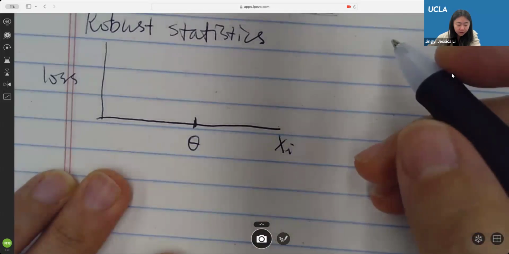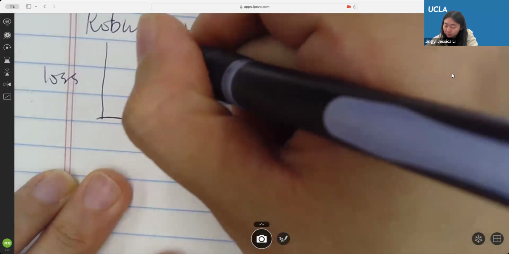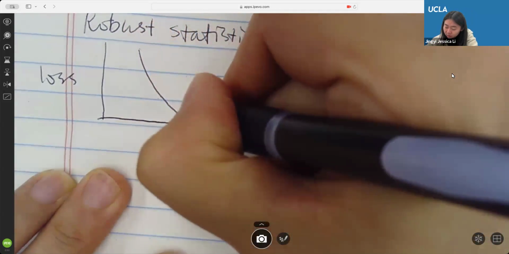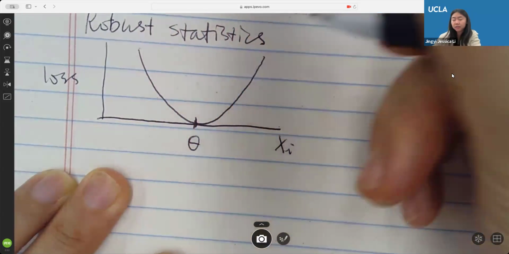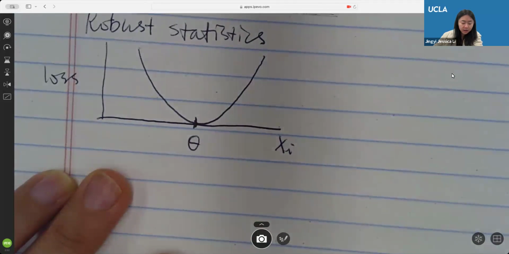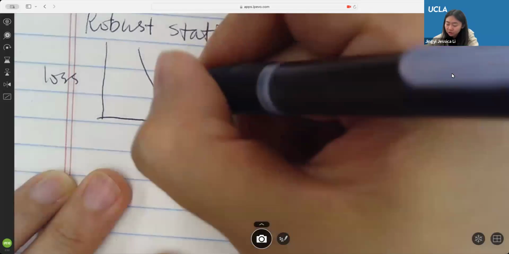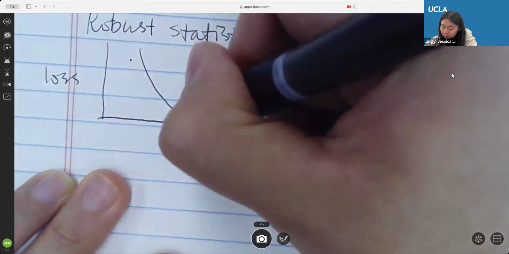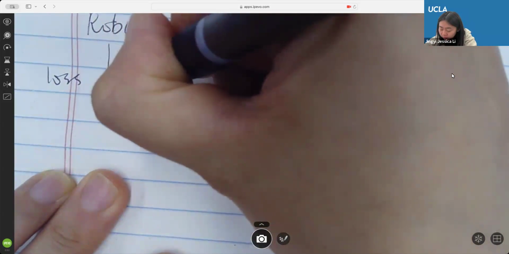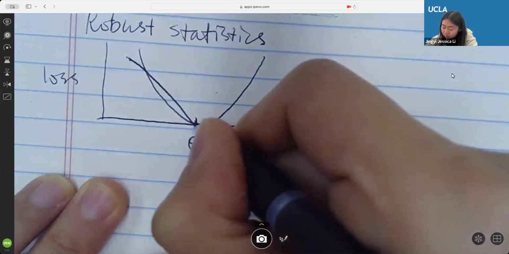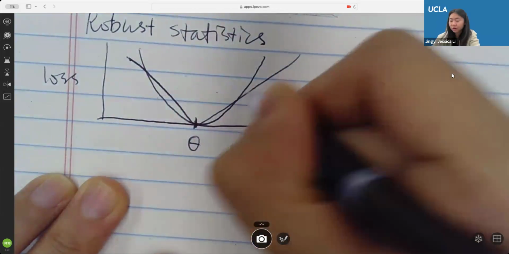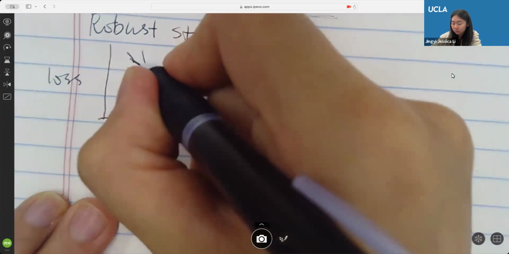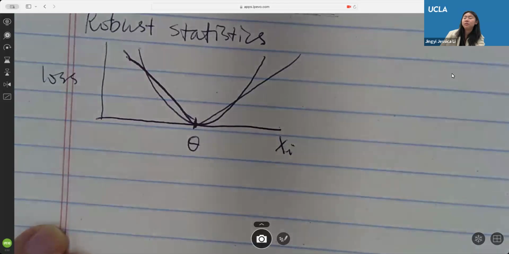If I have the square loss, it will look like this parabola shape, right? This is the square loss. And if I have the L1 loss, I'm ignoring the constant, it can look something like this. It's not an accurate drawing, but it's two straight lines, right? So they may intersect somewhere.